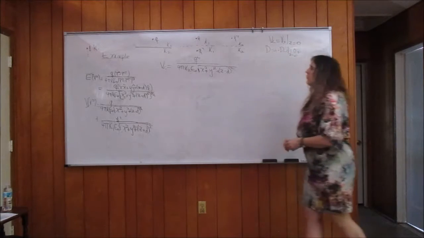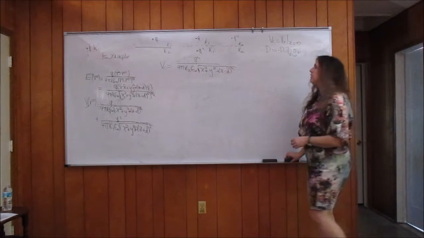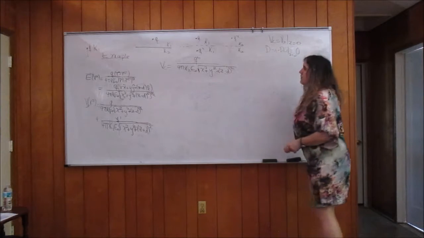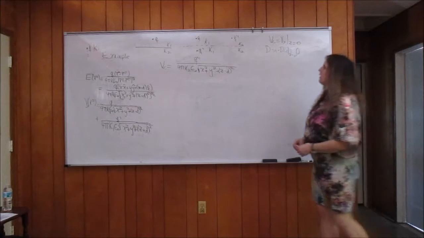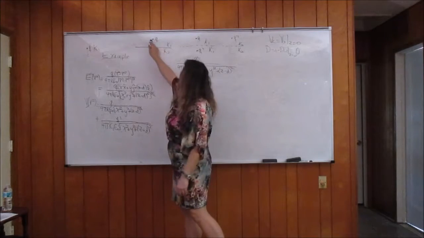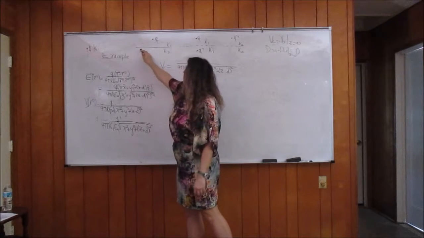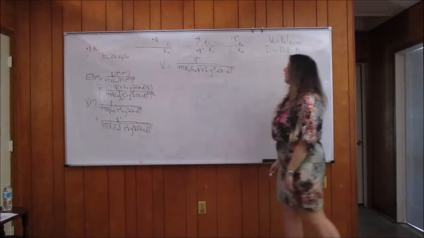However, because there is no free surface charge density in this example, that's equal to 0. Now, of course, there's going to be bound charge. There's going to be bound charge right around this charge Q. There's going to be bound charge right above the interface and bound charge right below the interface.